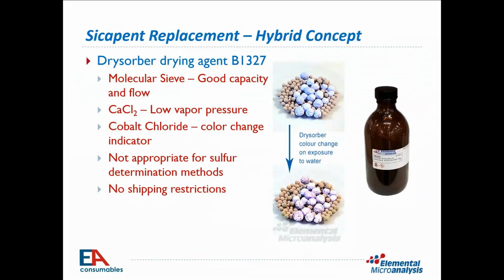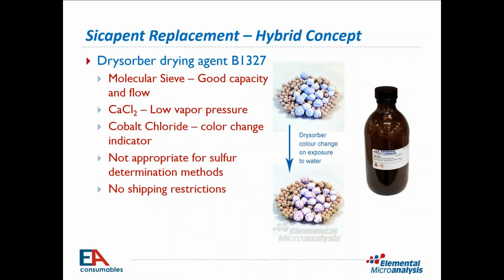So Elemental Microanalysis has developed a replacement for Sicapent using a hybrid concept. The trade name we're calling this is DryZorber, our part number B1327. It uses a combination of molecular sieves for their great capacity and flow properties.